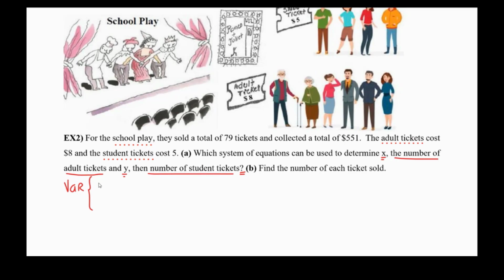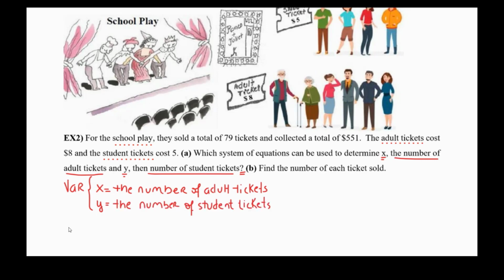So let's write that down. So we have X is the number of adult tickets, and y is the number of student tickets. Once we do that, we can focus on finding the equations using these two variables.